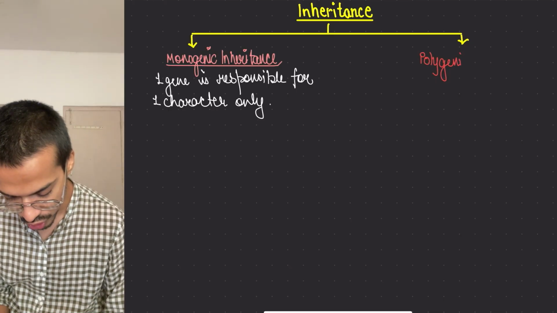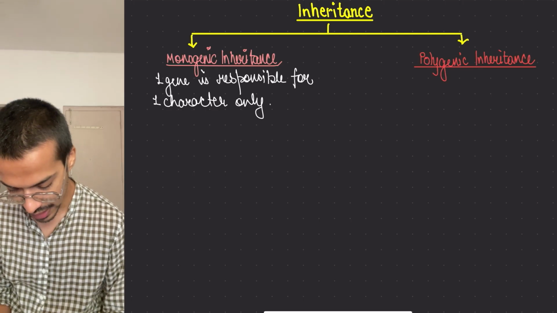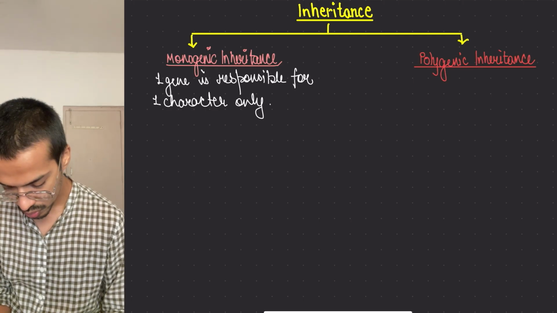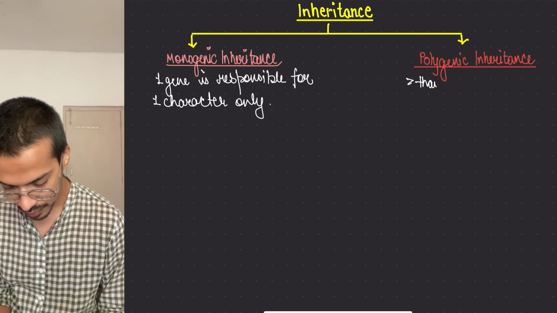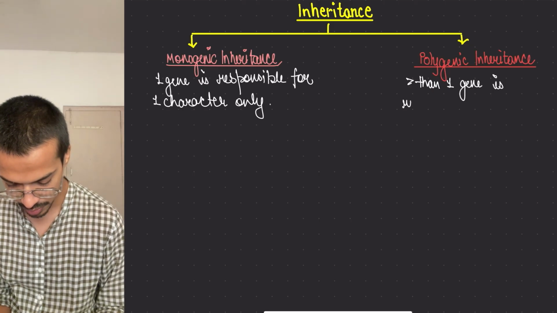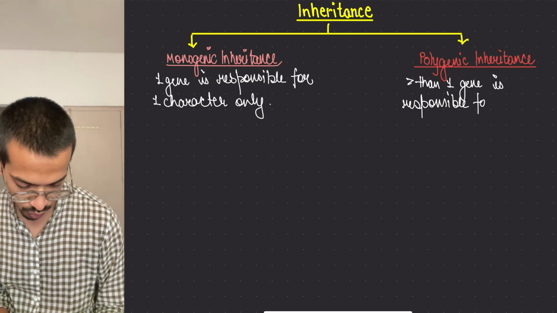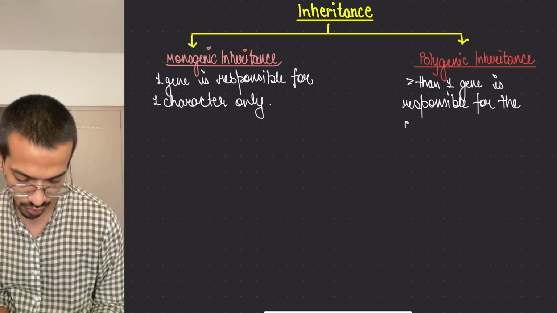So polygenic inheritance is where more than one gene is responsible for the expression of one character.